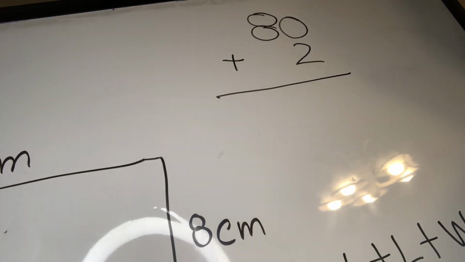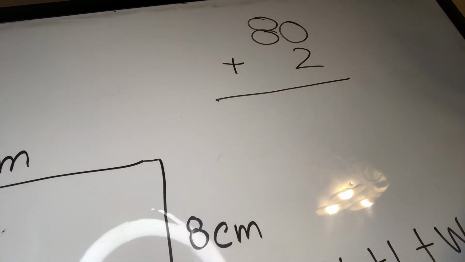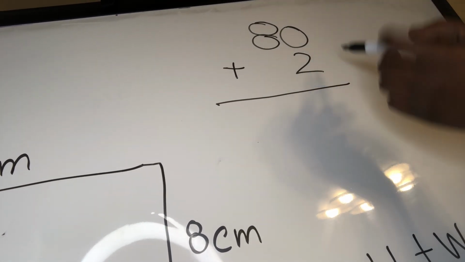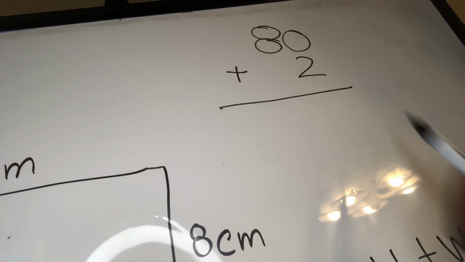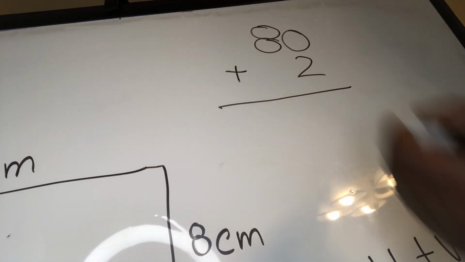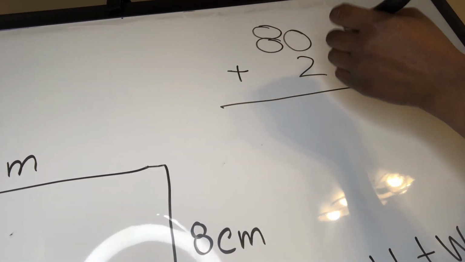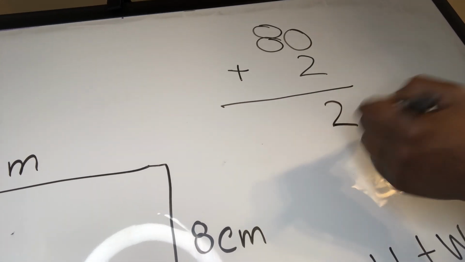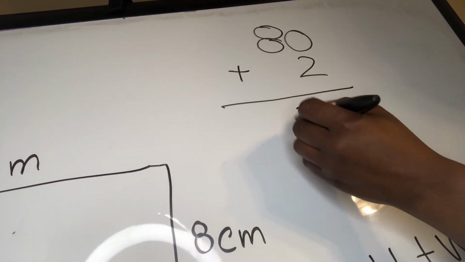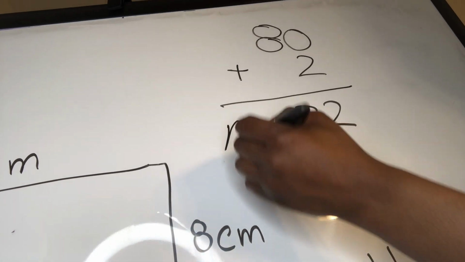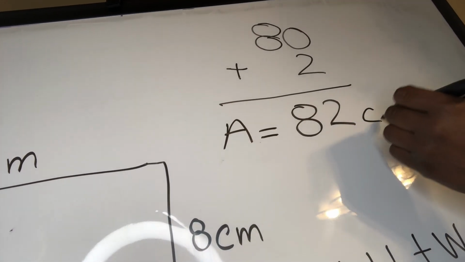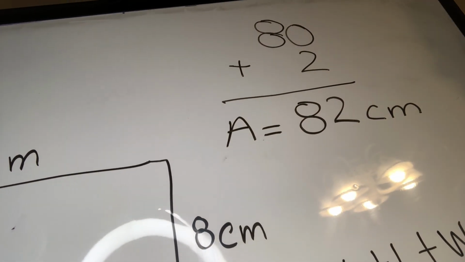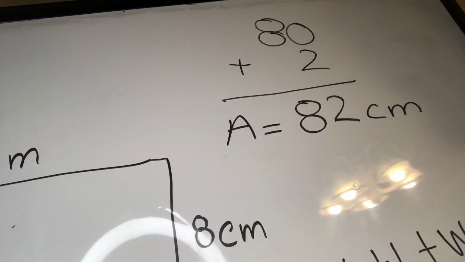Really, you could do this in your head. There's no carrying. You just move that 2 right into the ones place, giving you 82. Or you can say to yourself, 2 plus 0 is 2, 8 plus 0 is 8. And now you have a total area of 82 centimeters for the entire shape.